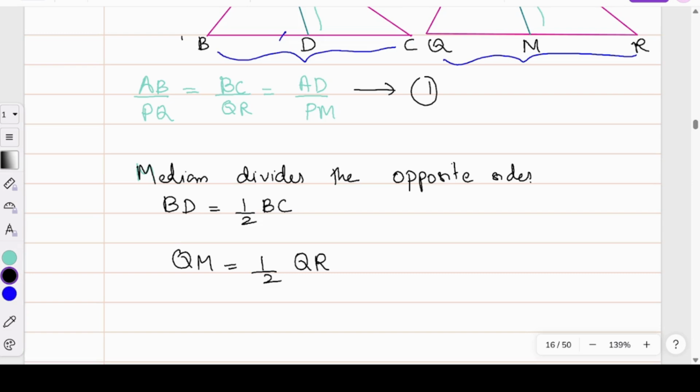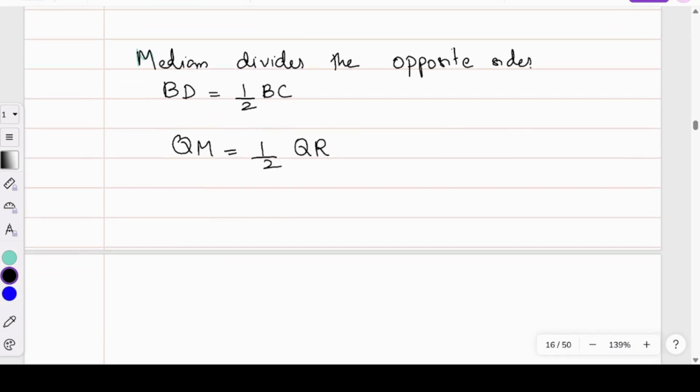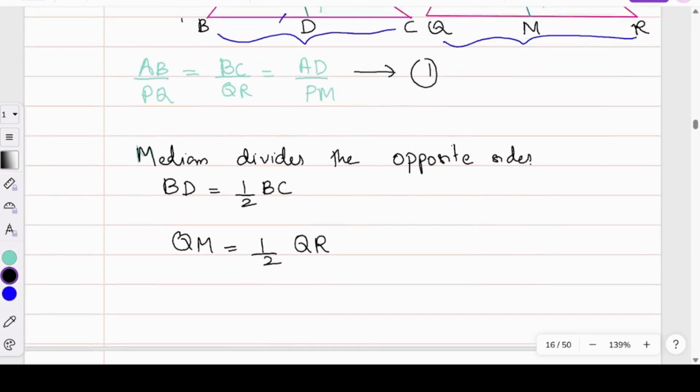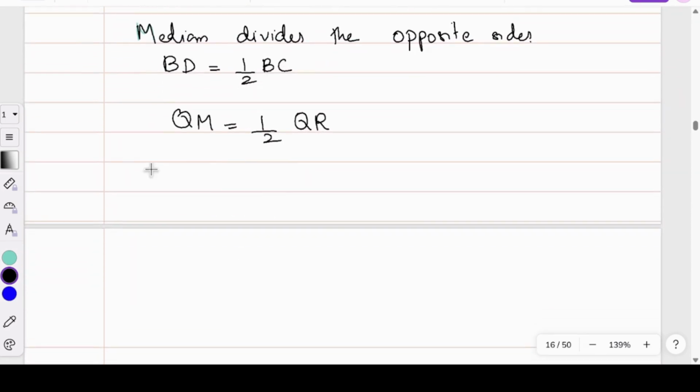Then, first let me write it here: AB by PQ equals BC by QR, which is equal to AD by PM.